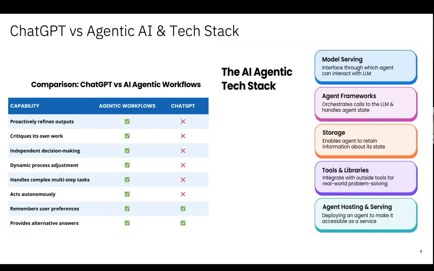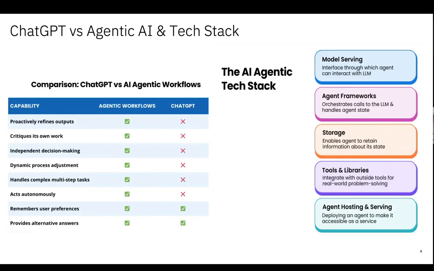Right. On the right hand side, we have the agentic tech stack, where we talk about model serving on the top, which actually allows you to interact with one or more large language models. And the second part is the agentic frameworks, which allows you to create agents, orchestrate agents to different tools or different model serving systems. And then you actually have a storage solution, and storage comes in different forms, which I'll talk about a little bit later in the slides.